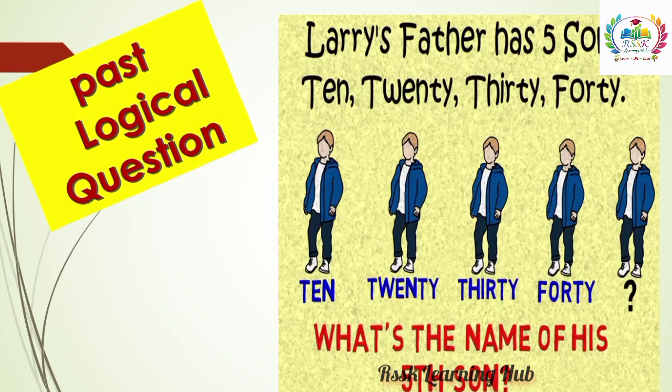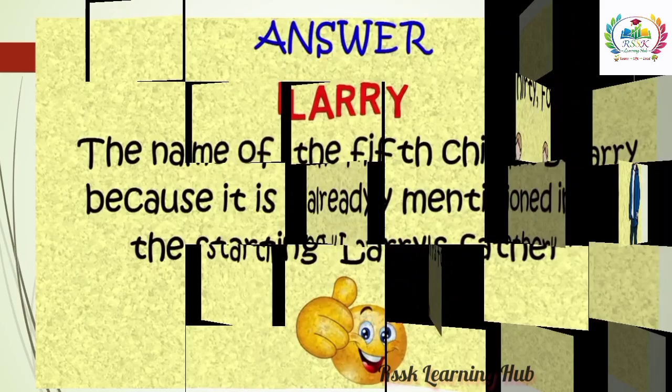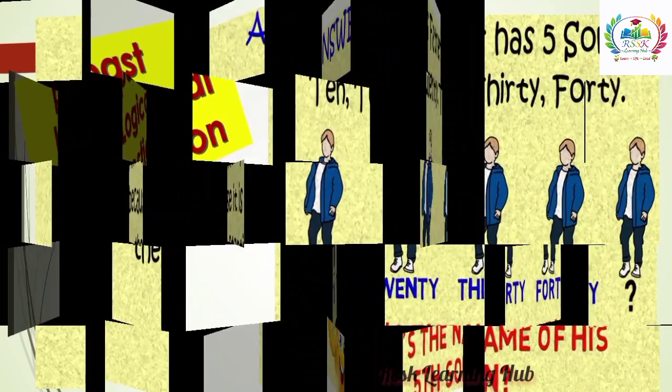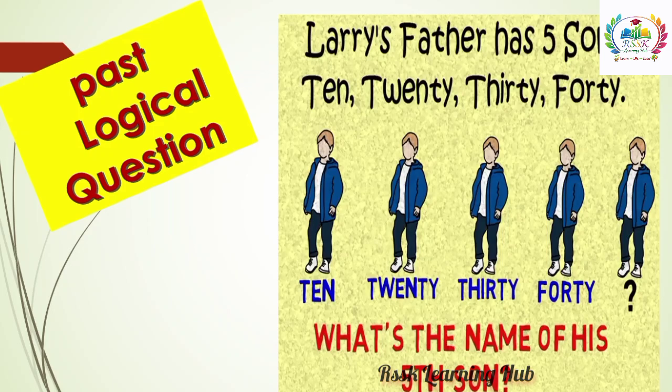Okay, what is the name of the fifth son? It is Larry, because in the question itself it says Larry's father. So the name of the fifth child is Larry because it is already mentioned at the start. The question starts with Larry's father has 5 sons. So 4 sons' names are given. So automatically your fifth son's name is Larry.